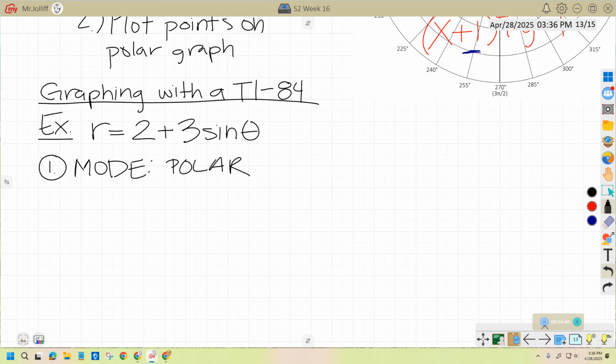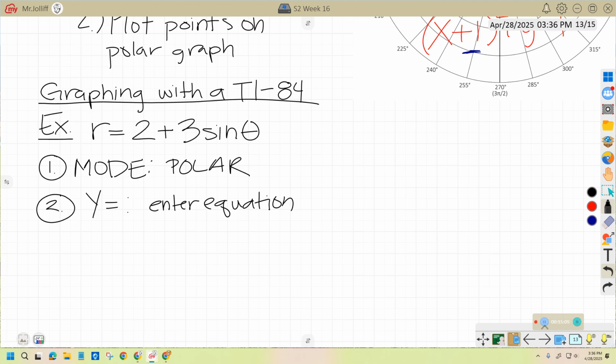The next step is to go to the function edit menu, which is y equals. And in the y equals menu, enter your equation. When you go to y equals, you should see R1, R2, R3, R4, yeah?